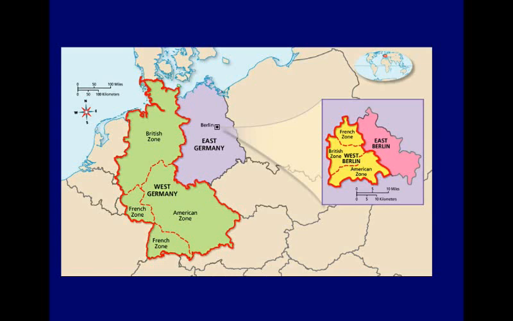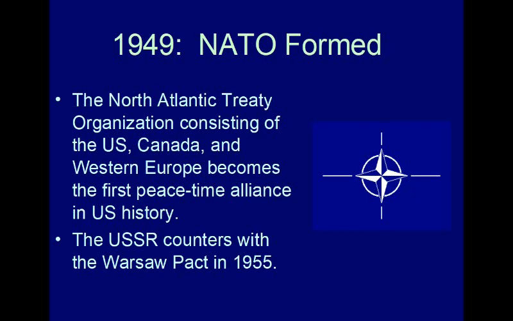Berlin airlift: please remember the attempt to help Berlin, and in this picture you can see the division of Berlin. Please remember that I didn't say anything about Germany. Germany was divided into two parts, West Germany and East Germany. On the contrary, Berlin was divided at first into four areas, and then we had only two areas.